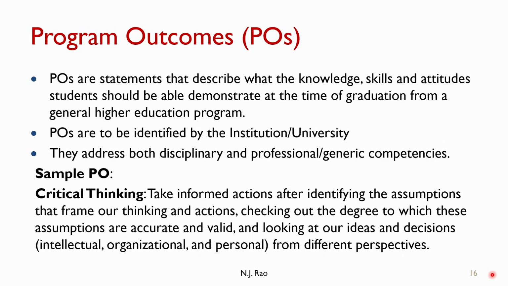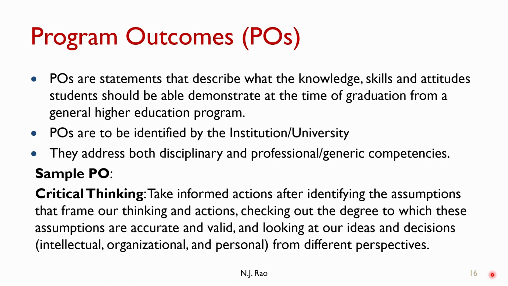Now a sample PO, for example, is critical thinking. Generally, any teacher will say our student should learn to think critically. Now that is irrespective of the program that he goes through.